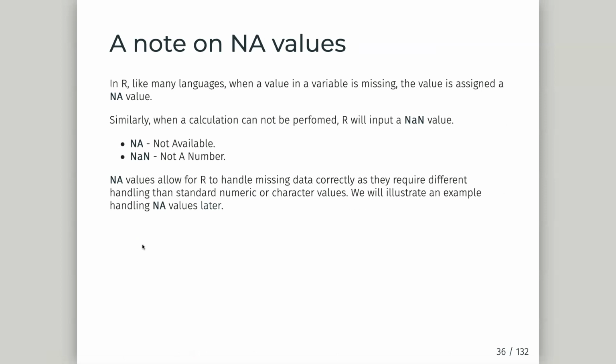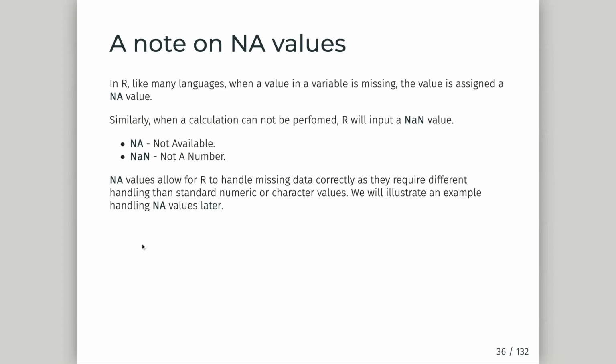So, like in many languages, when a variable is missing, the value is assigned an NA value. And that's because we don't want just an error. We want a special value which maybe we can capture and use or ignore later on. So if we take the mean of a big vector and it has NAs in it, it's going to give you an error saying not all of this is numbers.